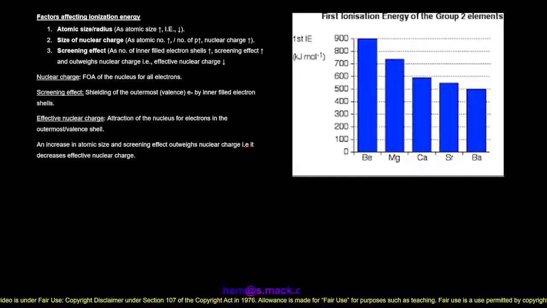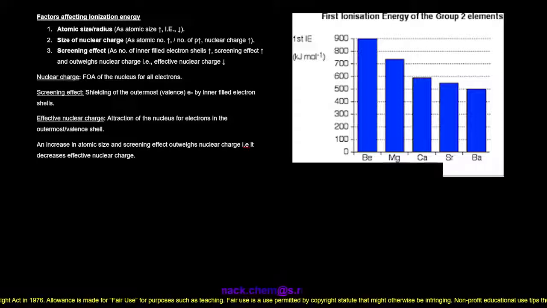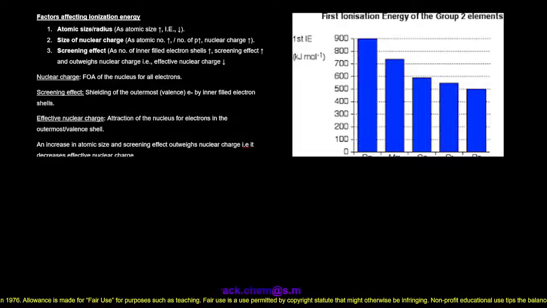The number of inner-filled electron shells increases by 1 for each successive element, therefore the screening effect is expected to increase. The increase in atomic size and screening effect will outweigh our nuclear charge.